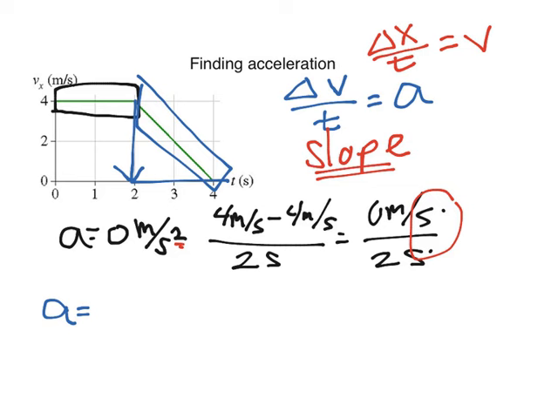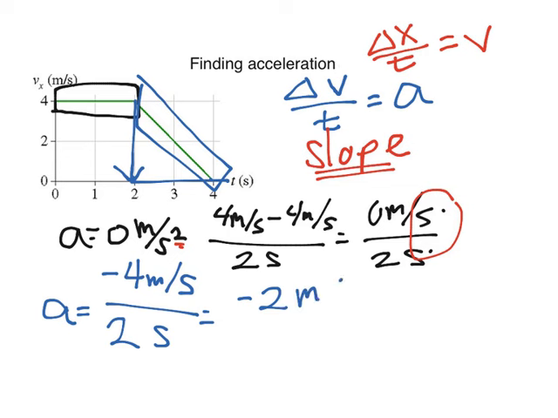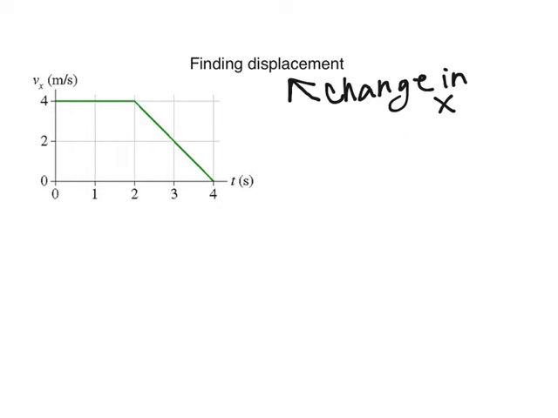We've fallen from 4 meters per second to 0 meters per second, so that's 4 meters per second negative, and that's happened over a total time of 2 seconds. So divide that, and we get negative 2 meters per second squared. Remember, keep your units on this.